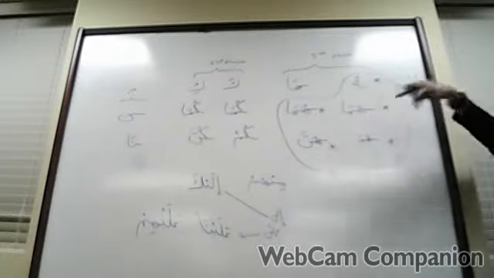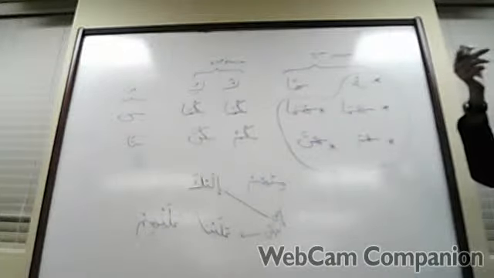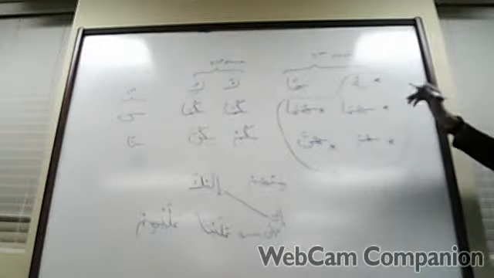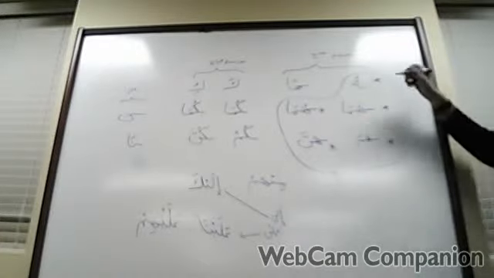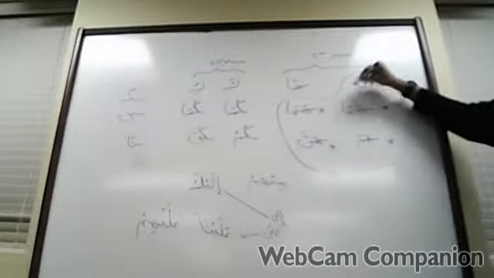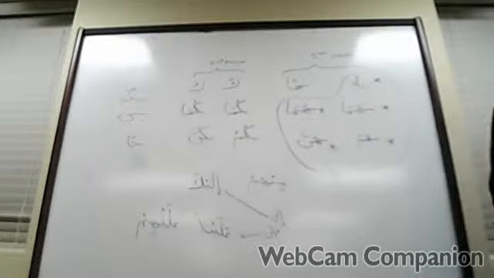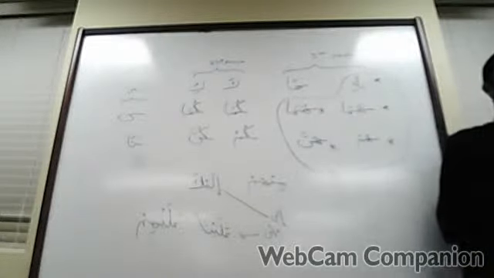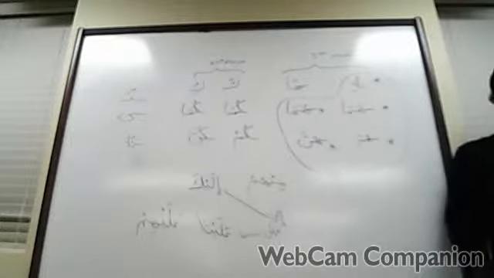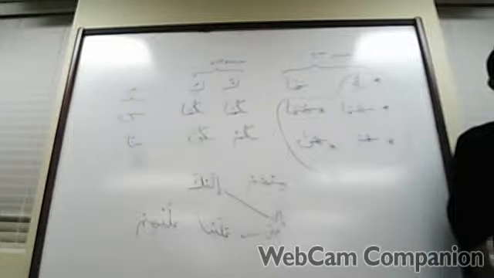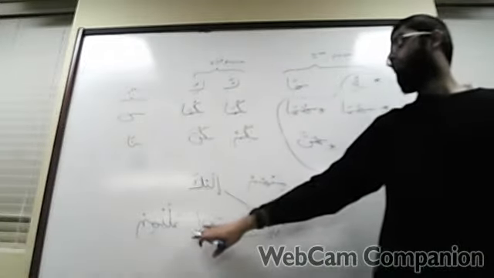So all the has have a u sound, a dhamma. But in certain places it's going to drop to a kasra. And why did we say that was, Brother Anwar? It sounds better, right? If you say alayhum, everyone say alayhum.